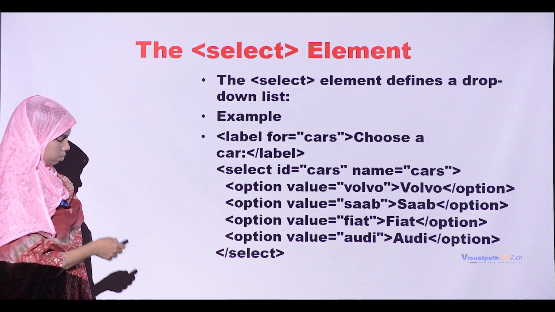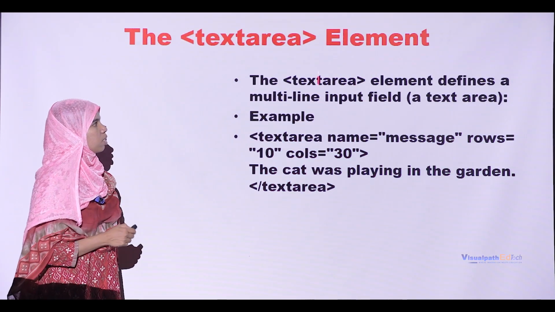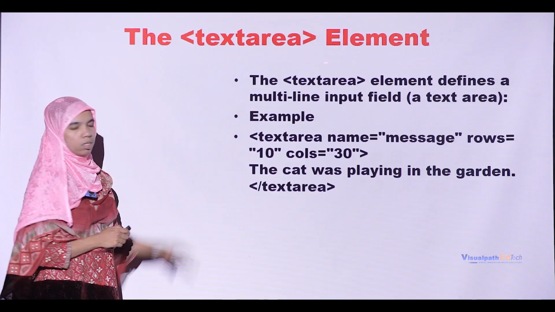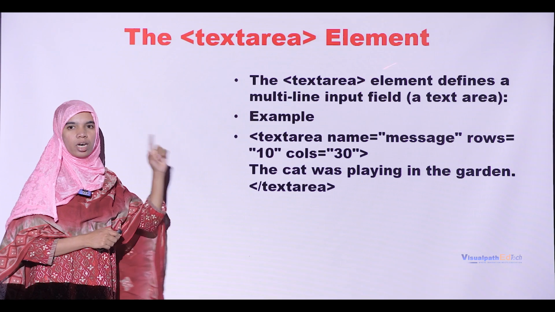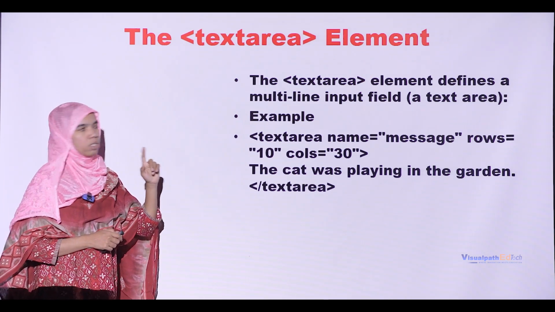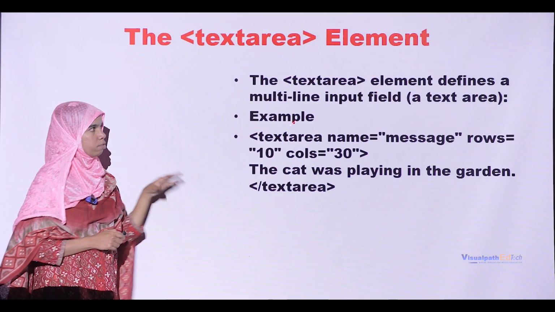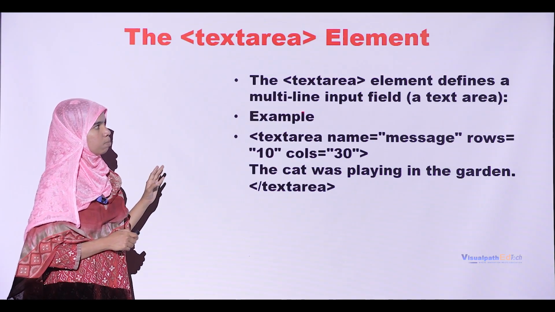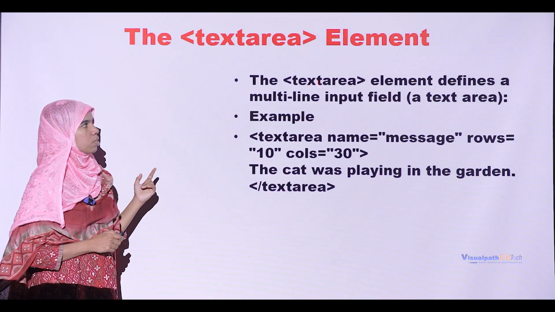Next, textarea. As the name of this element suggests, some textual content will be there. If you want to write a large area of content filled with text, multiple lines of information, or an input field that is needed, at that time you will be using textarea.